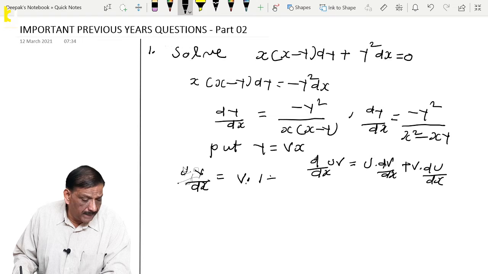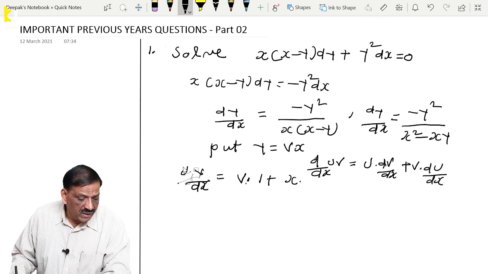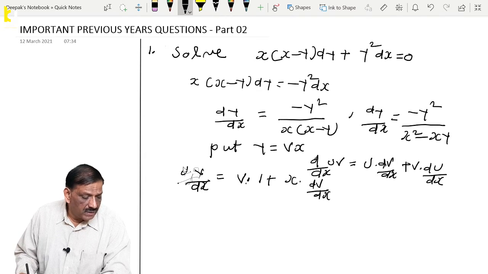So v into 1 plus x into dv by dx. Clear?